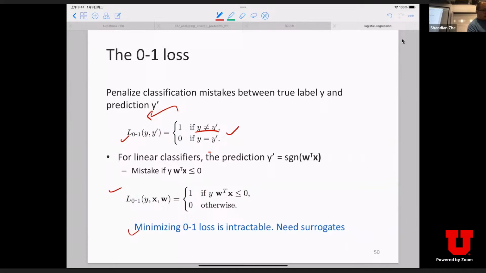So in practice, we always need some much easier to deal with and smoother surrogate for the 0-1 loss. And all the loss functions we have seen before can be viewed as some kind of surrogate of the 0-1 loss.